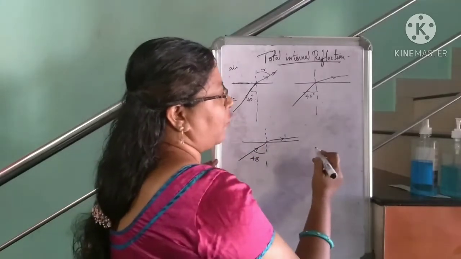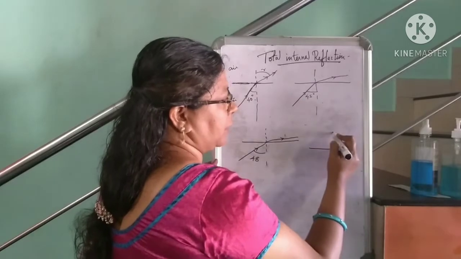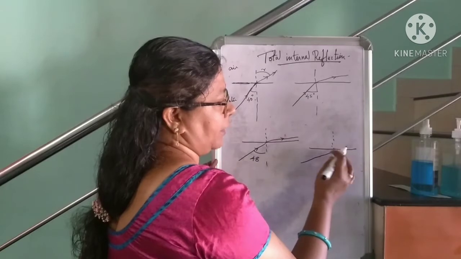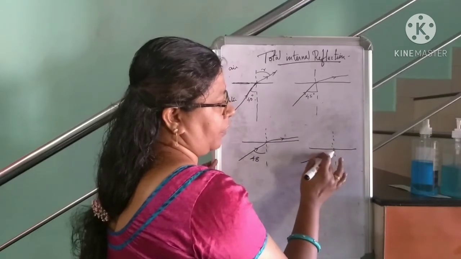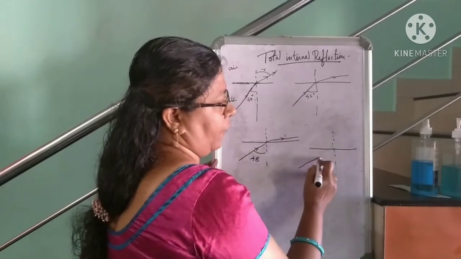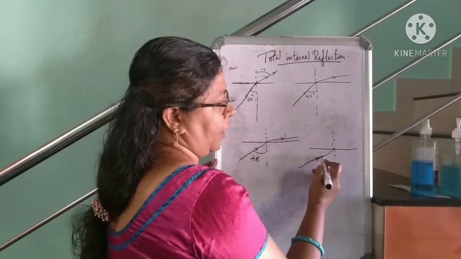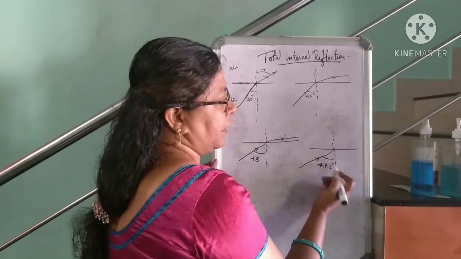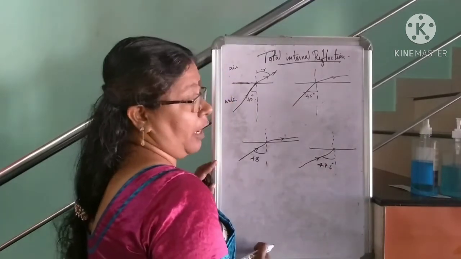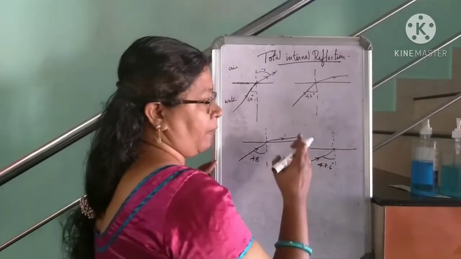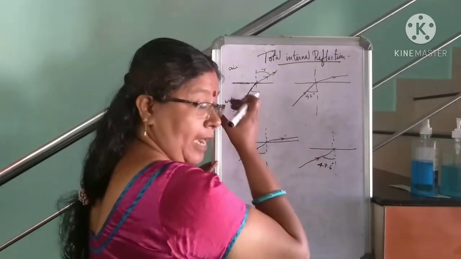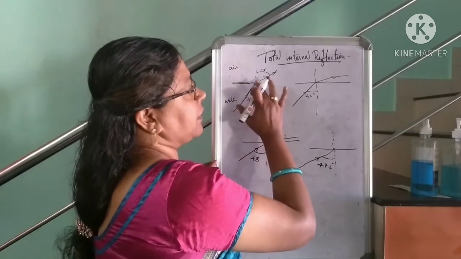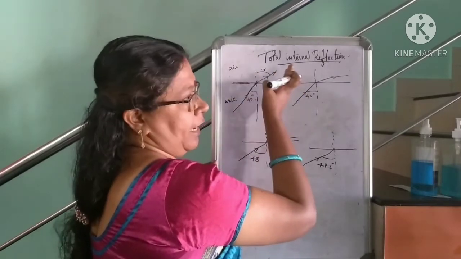Now in the case of water, suppose a ray of light is falling from water to air at an angle of 48.6 degrees. See here at 48.6 the refracted ray was like this.